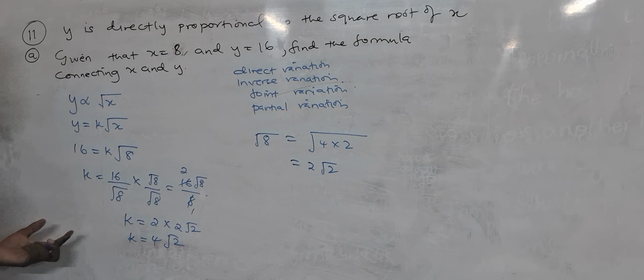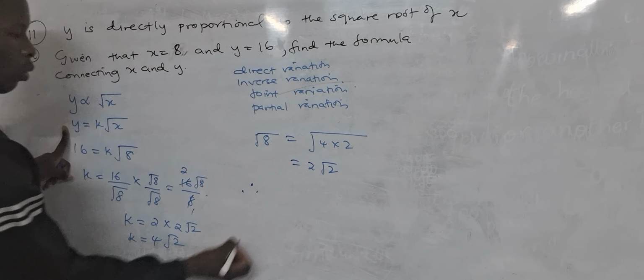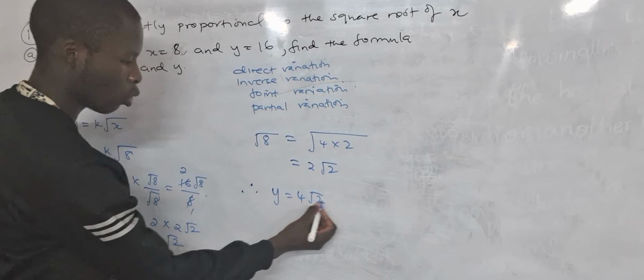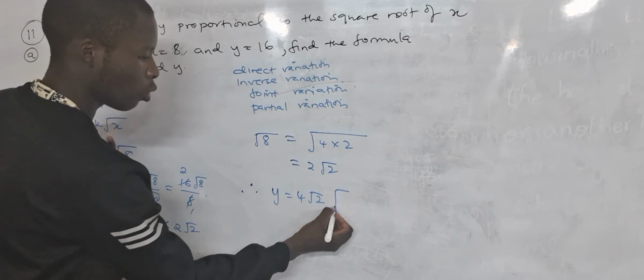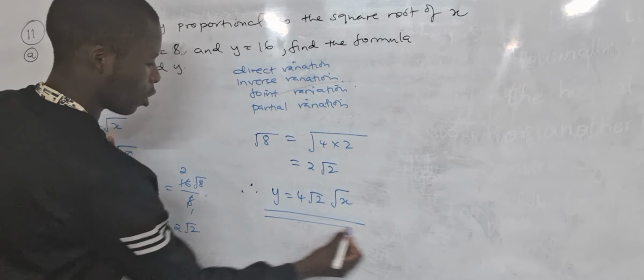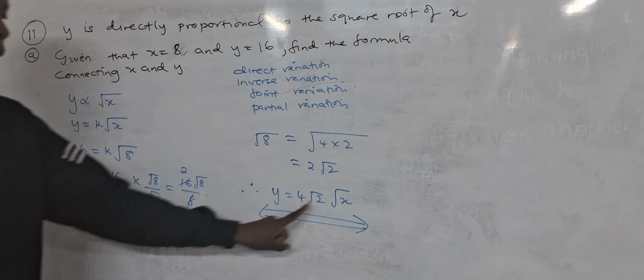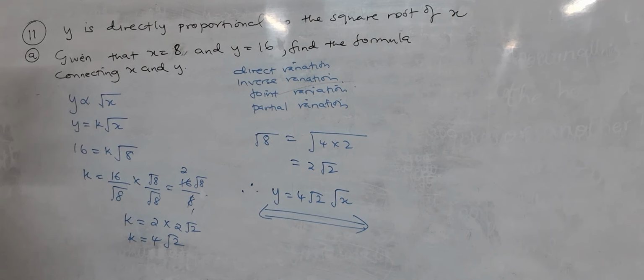So what is the formula now? Therefore, y is equal to 4 root 2 into root x. So this is the formula connecting y and x.